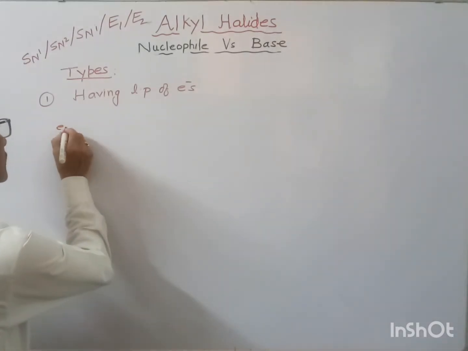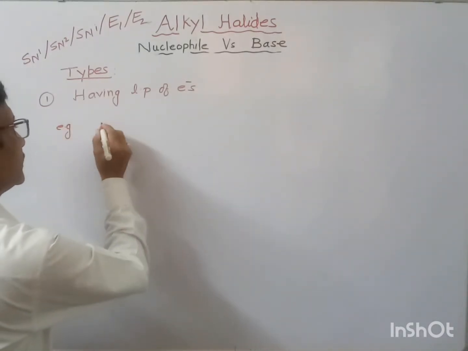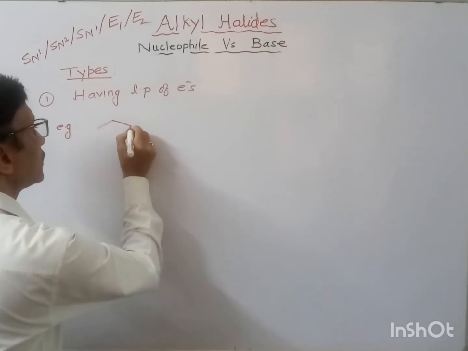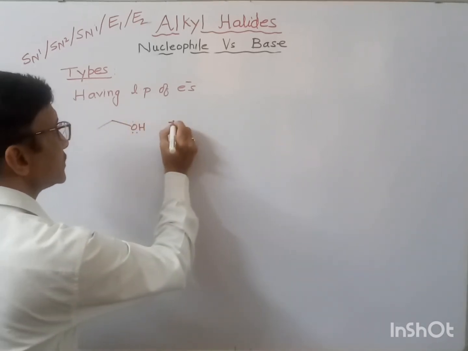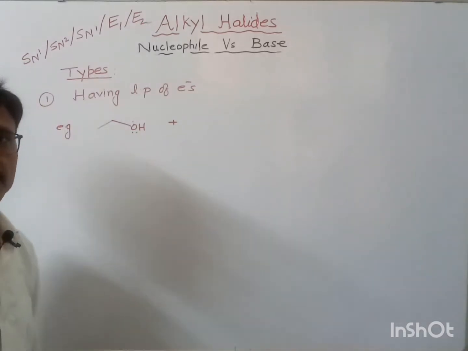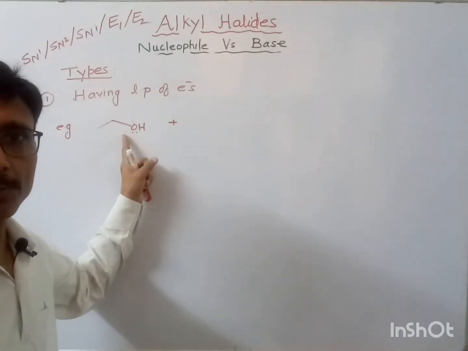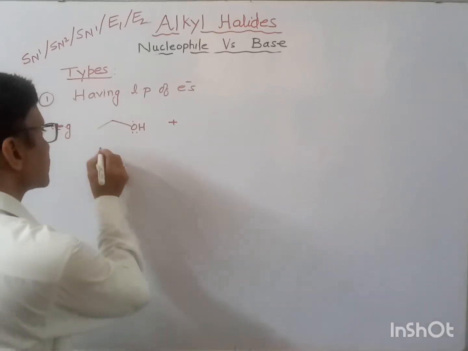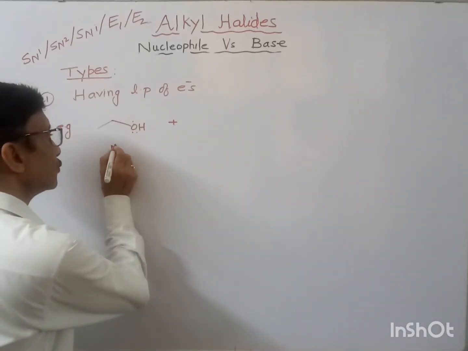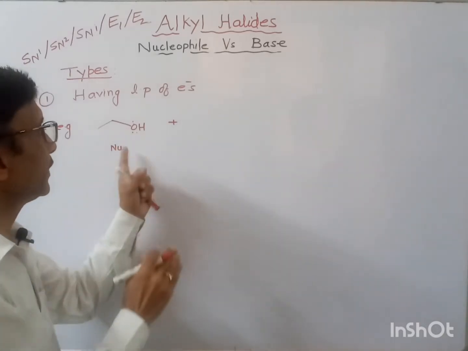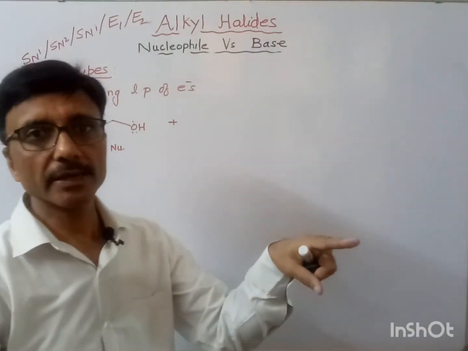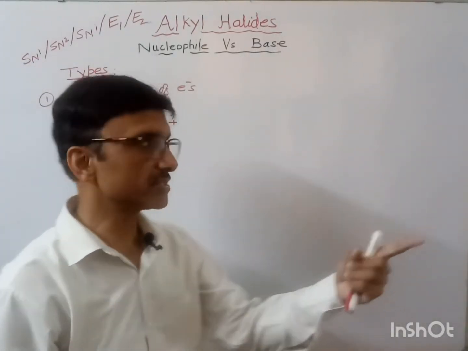For example, suppose we have any alcohol, and because it contains oxygen having a lone pair of electrons, it can act as a nucleophile. And as I told in the definition, it may attack an electrophile, that is, a carbon center.